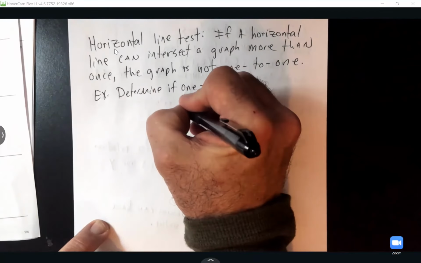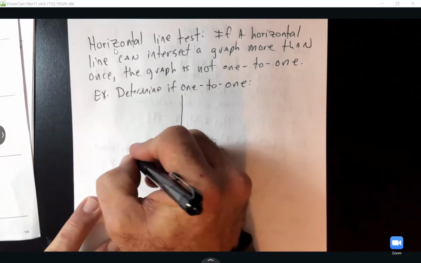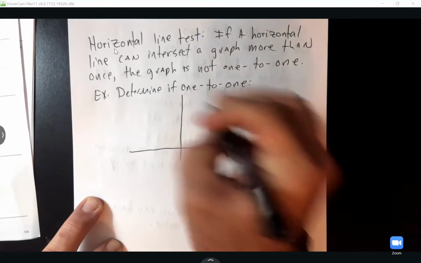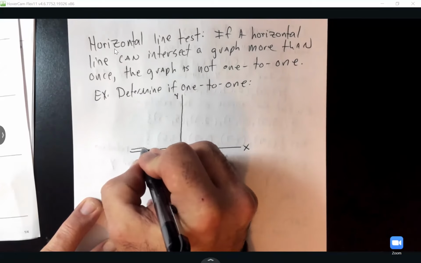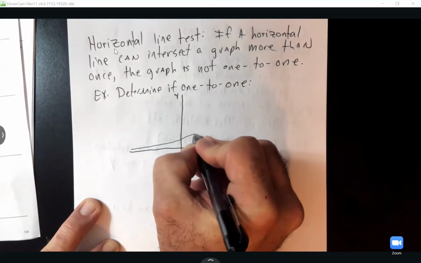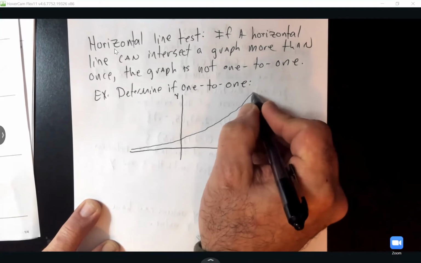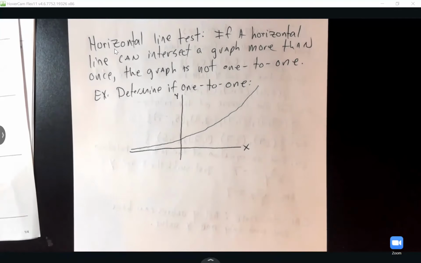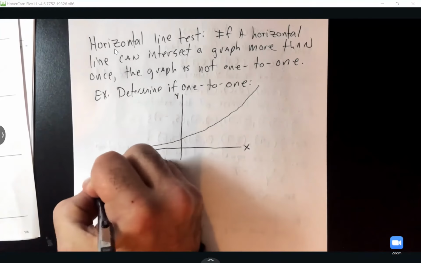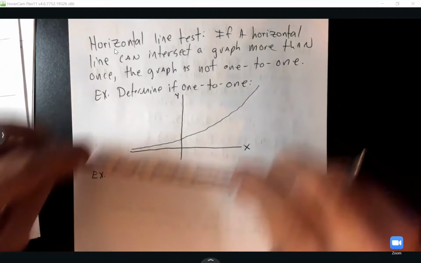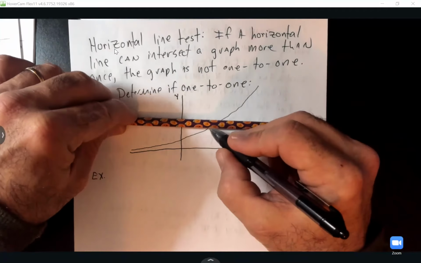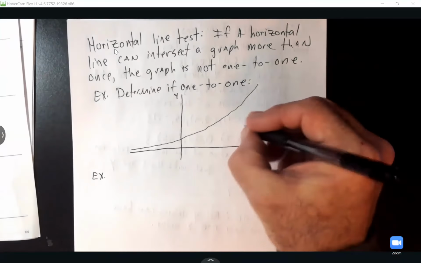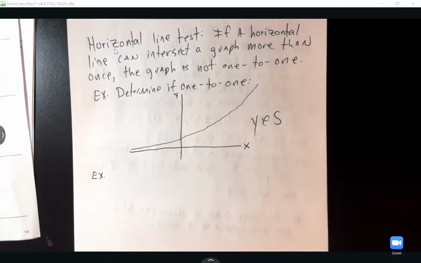So my first graph, and my x-axis and my y, and they had the graph going left to right uphill. So is that graph one-to-one? Yes. Definitely, because look, we bring that line, it only intersects that graph at one point all along this. So good job. That is definitely a yes.